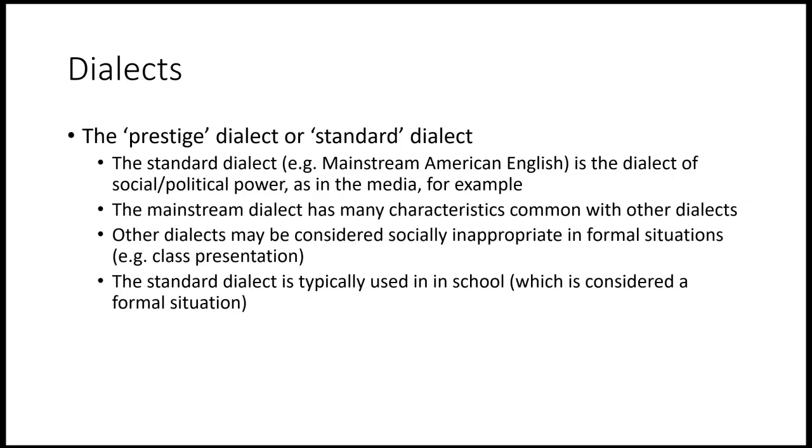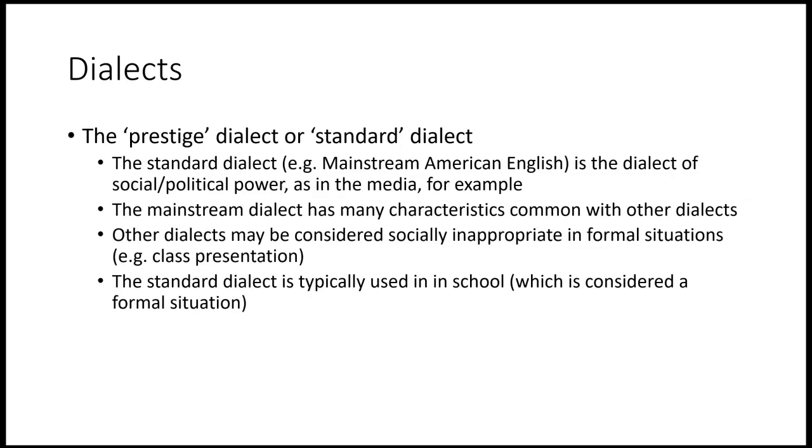It can also be the case that the use of a dialect could be considered socially inappropriate in a more formal situation. For example, at a university in a class presentation, there's a default assumption that people will be speaking in the mainstream dialect rather than in their own local, regional, social dialect.